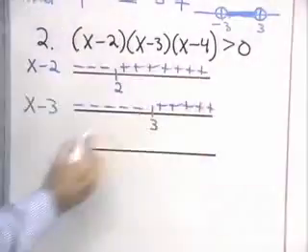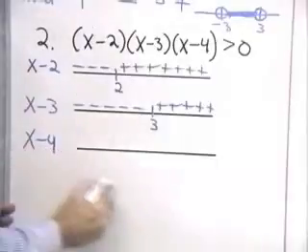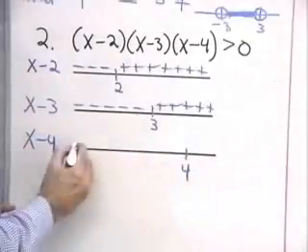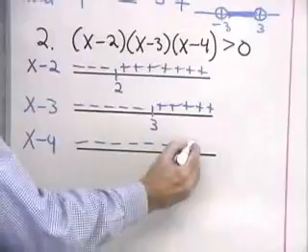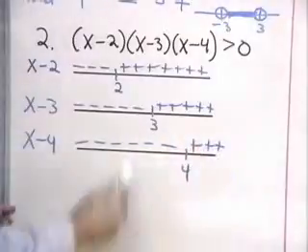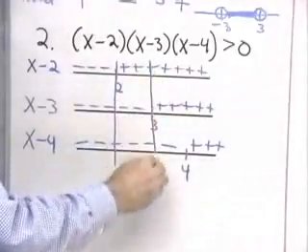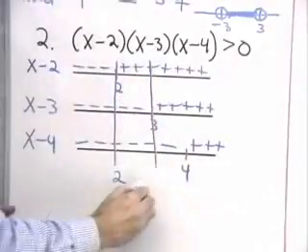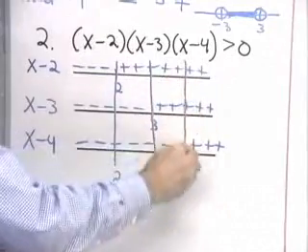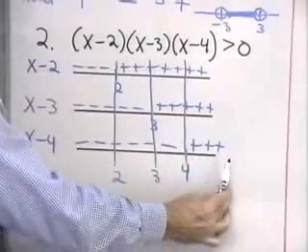And the factor x minus 4 is 0 when x is 4, negative down below it, positive up above it. So that gives me these four regions. The region down below 2, the region between 2 and 3, and then the region between 3 and 4, and then the region up above 4.